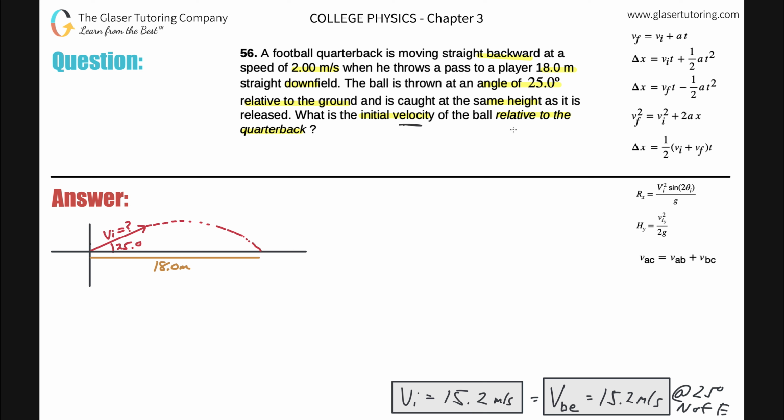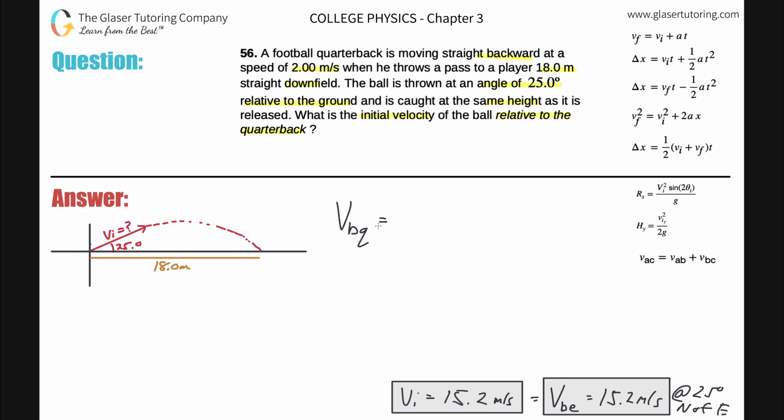It wants to know the initial velocity of the ball relative to the quarterback. Now, take a look at this relative velocity formula. If I want to find the velocity of the ball relative to the quarterback, then I must know the velocity of the ball relative to the earth, let's say.